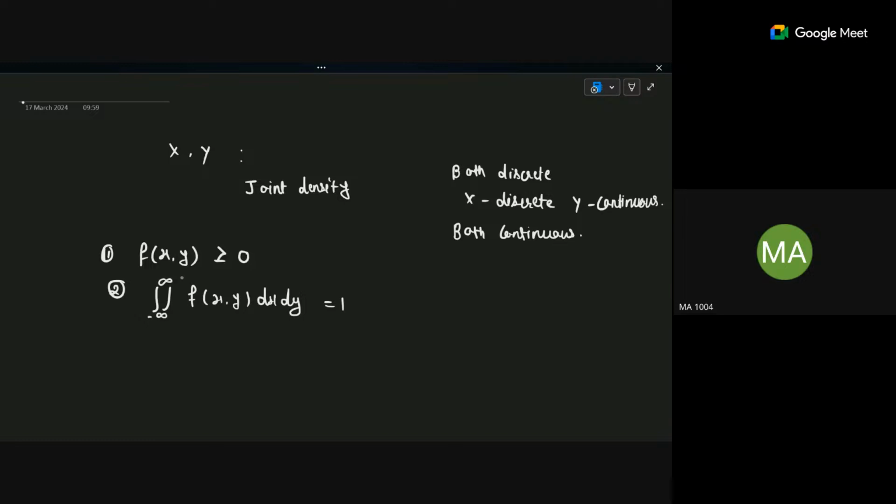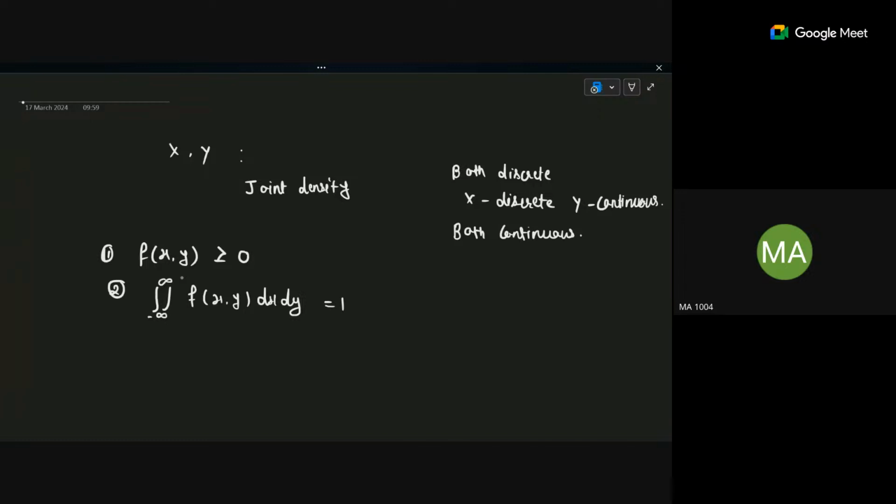Whatever the support is, we will take accordingly. These are the rules we have to take care of when solving events associated with two continuous random variables.